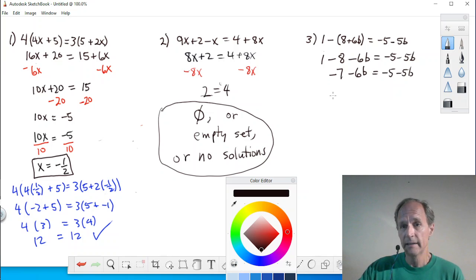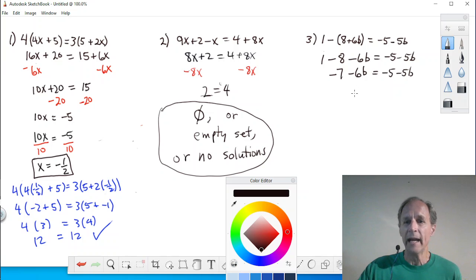So, got to get the b by itself. We have negative 6b here, and we have negative 5b here. So which way should we go? Which side do we want to get our b's on? And you can do it either way. But if you think ahead, we'd rather have b be positive, and we're going to be adding because we're subtracting 6b, we're subtracting 5b.